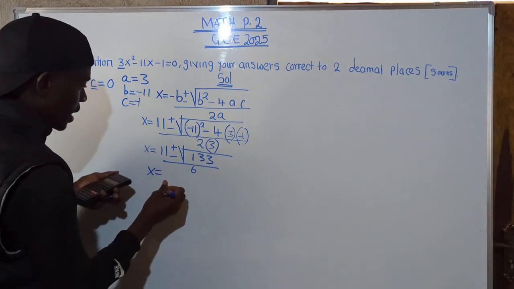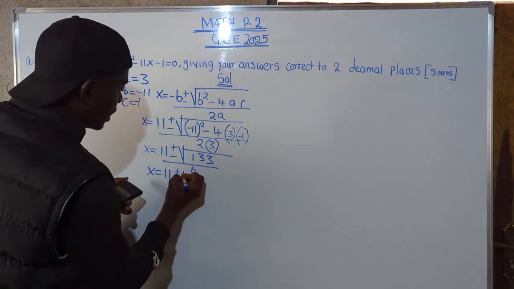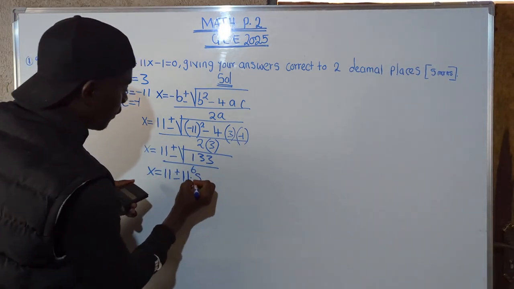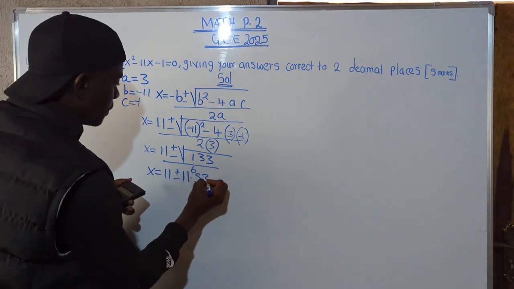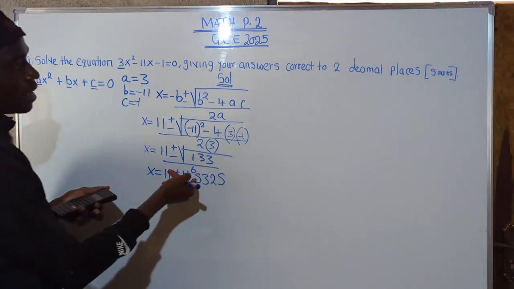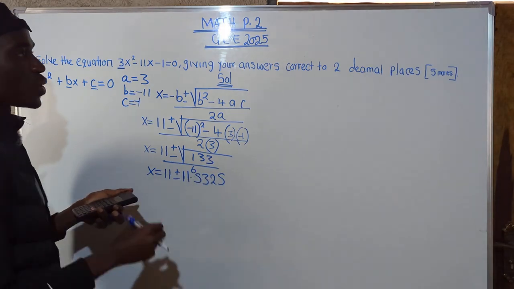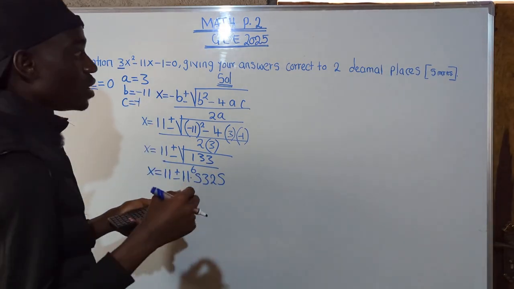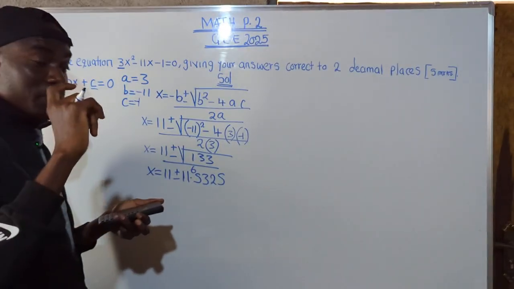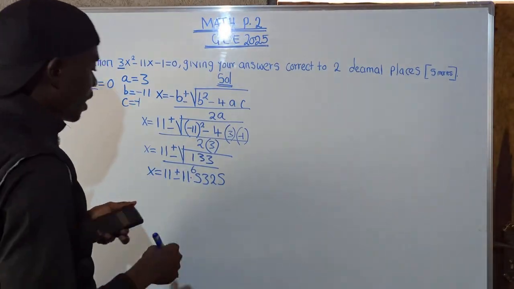So of course, my x is going to be 11 plus or minus 11.53. Okay? Of course, at least write 4 numbers so that at the end, that's when you're going to conclude, so that you don't make mistakes or you don't get an incorrect answer.